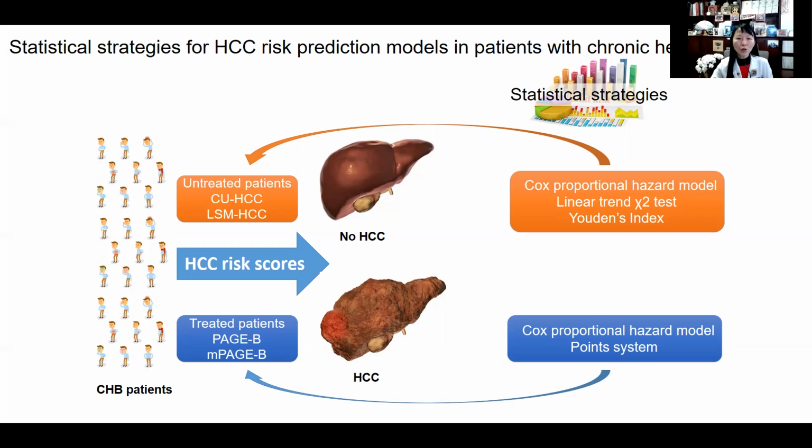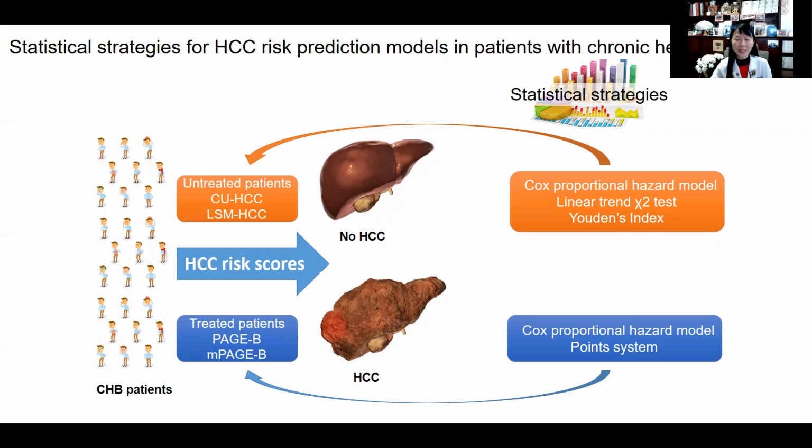And we also use the linear trend chi-square test to assign a weight to that particular factor. So if the factor is more important, the weight assigned to that characteristic or factor will be larger, and that will be assigned a heavier weight or score in the risk score formula.